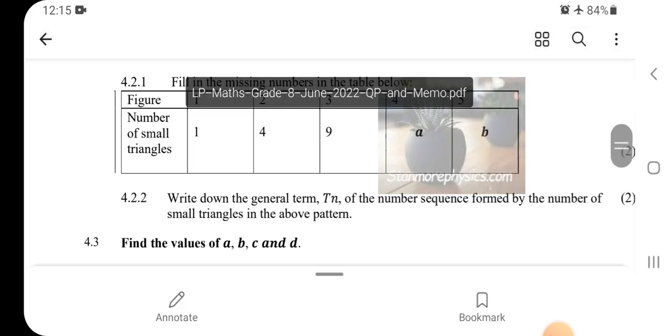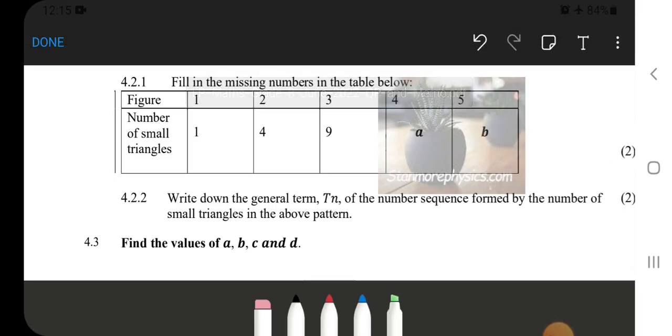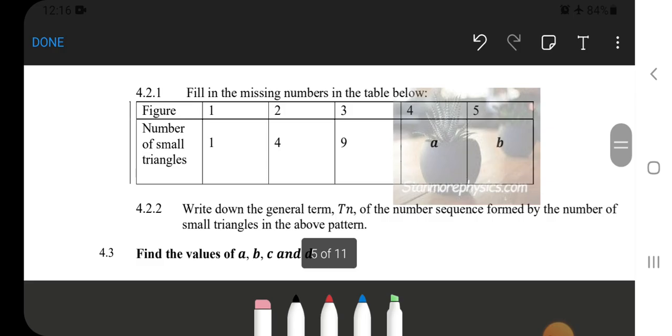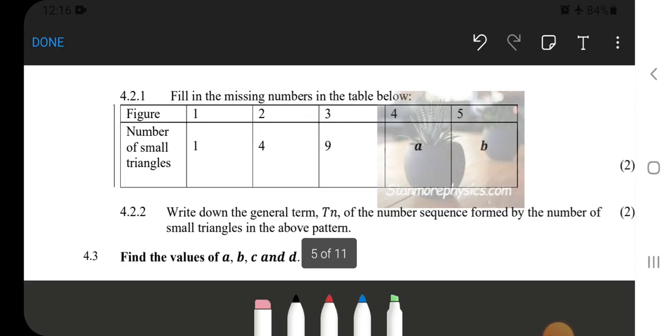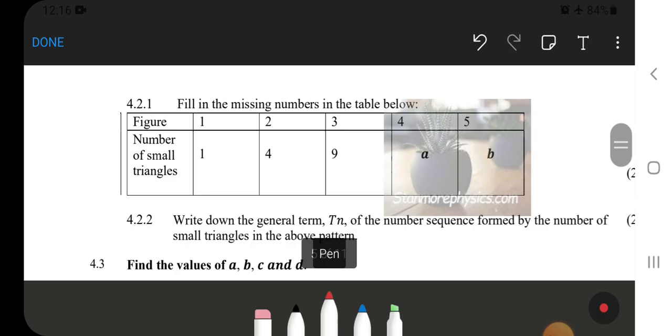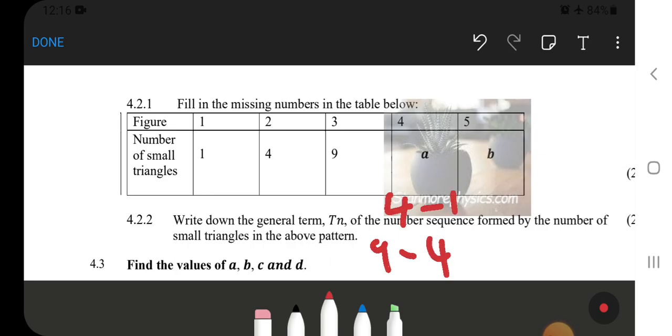So this is what we will do. To get the difference, we'll say 4 minus 1, and then we have 9 minus 4. So 4 minus 1 is 3, and 9 minus 4, we get 5.